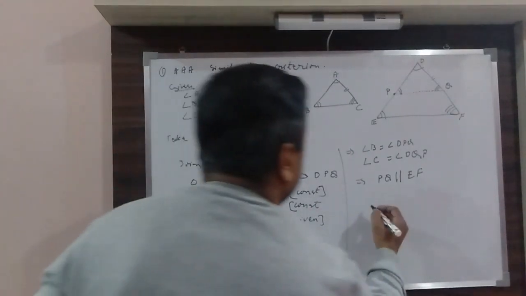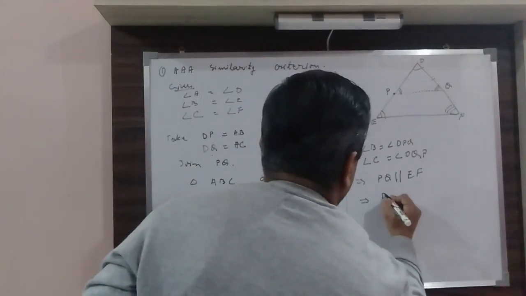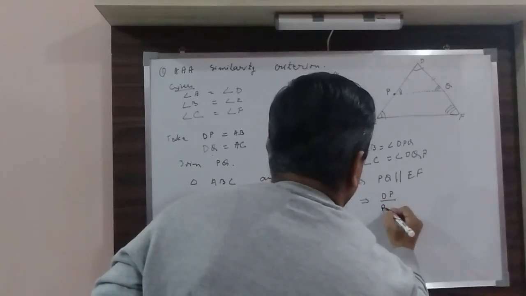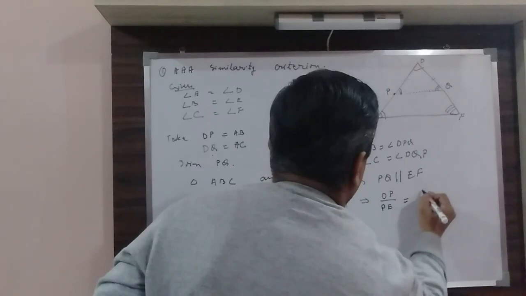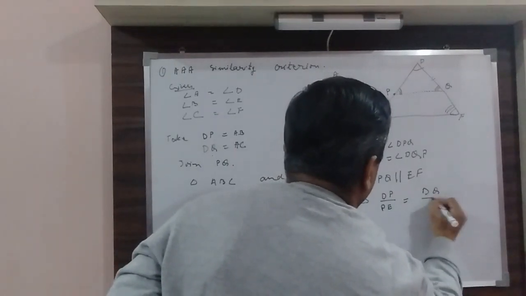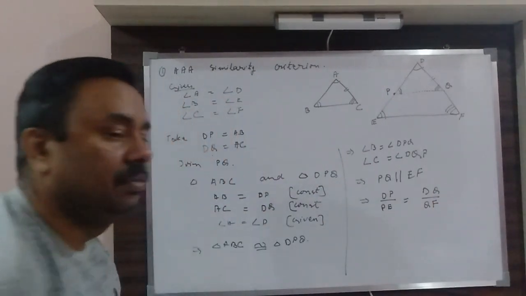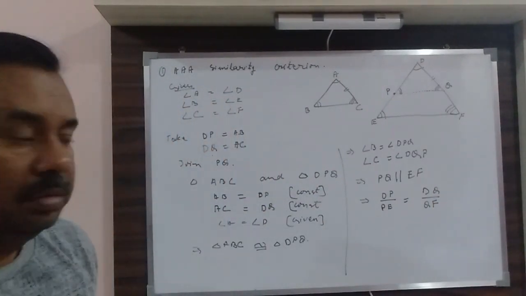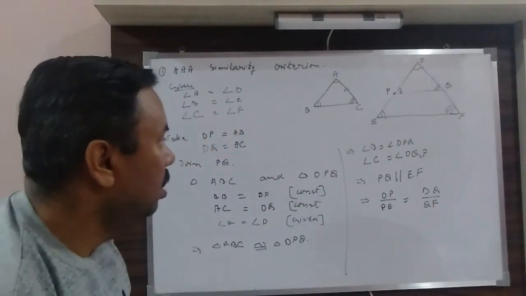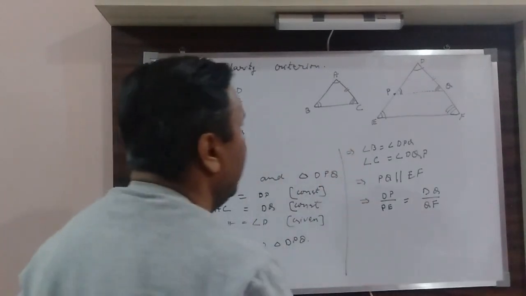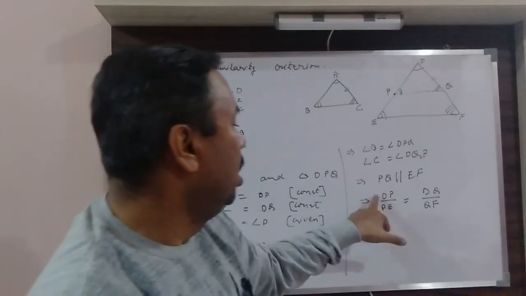That means DP over PE will be equal to DQ divided by QF. Add 1 to it, or rather take the reciprocal and then add, because I don't want to give up DP.